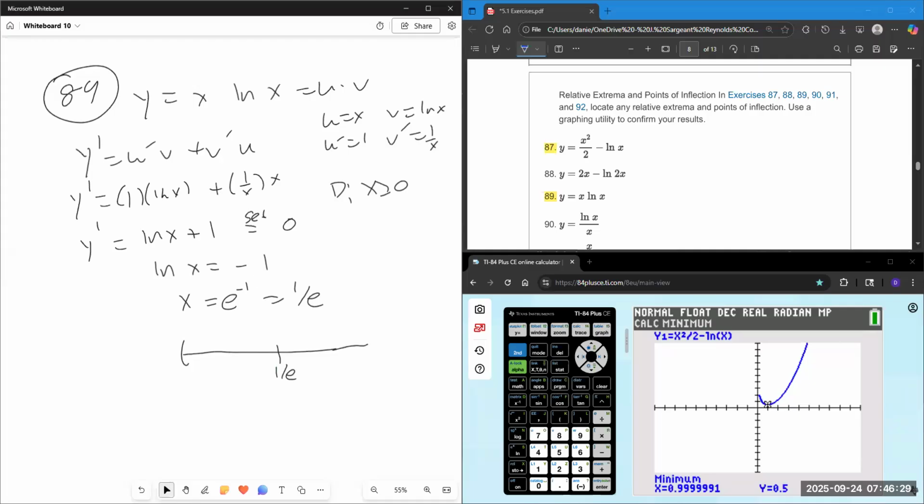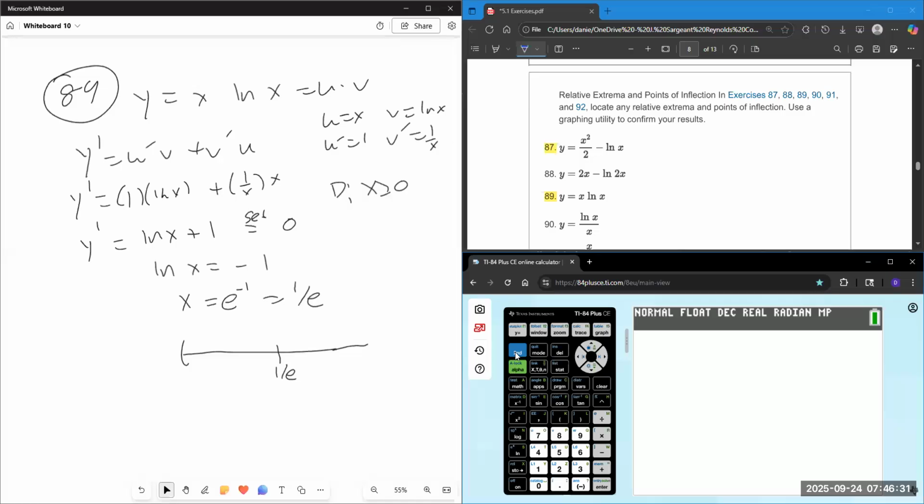And let's look at what e to the -1st is. Okay, so I could pick something like 1/4 as a test point here, and something like 1 as a test point up here. I'll be okay.